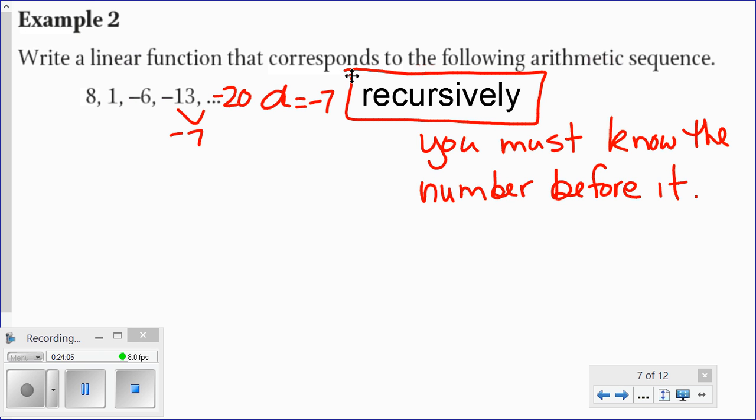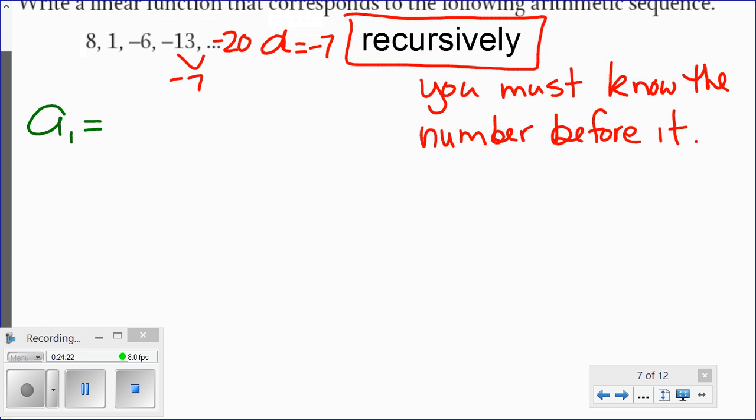So we have a slightly different formula. Let's go through like we did with the last one and list out our numbers here. What's our a sub 1 here? What is it? 8. And everybody should be writing this with me. So our a sub 2 is a sub 1 minus 7, right?